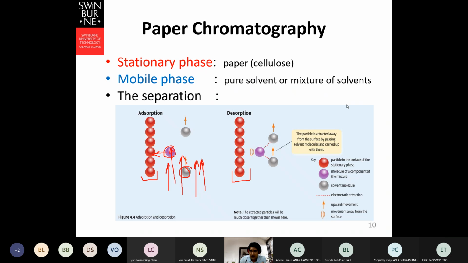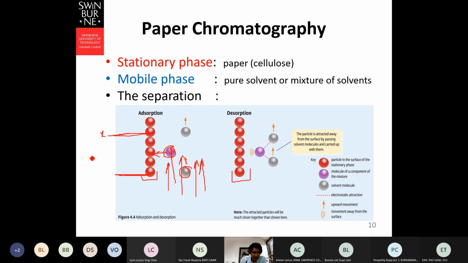So let's say we started from here, this is the water level, and after some time, this molecule, in this case the ink, moves up to this x centimeter.